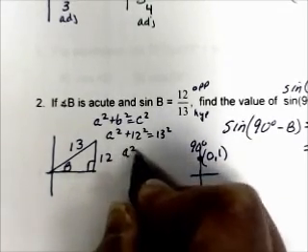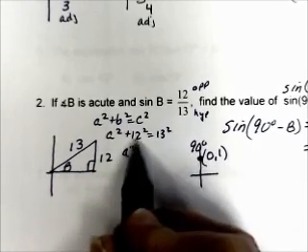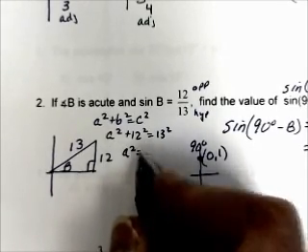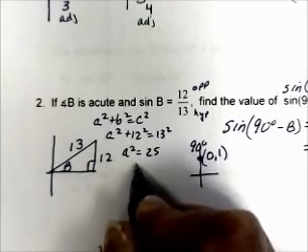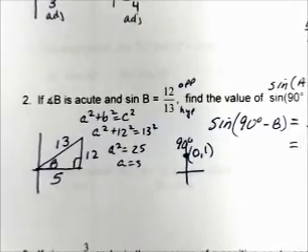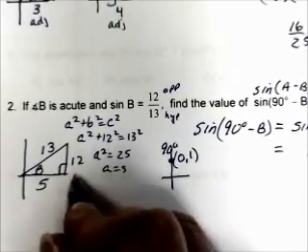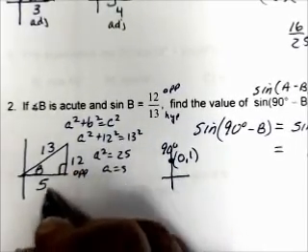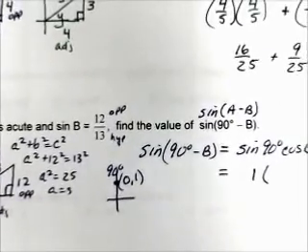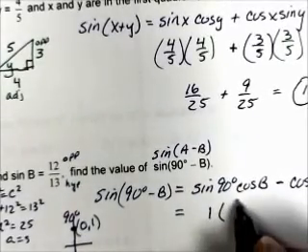That's a squared equals 169, subtract the 144 is going to be 25, so a is 5. Right, so we have opposite, adjacent, hypotenuse. So the cosine of B is adjacent over hypotenuse, so that's 5/13.